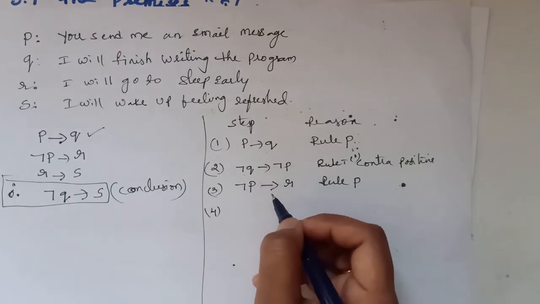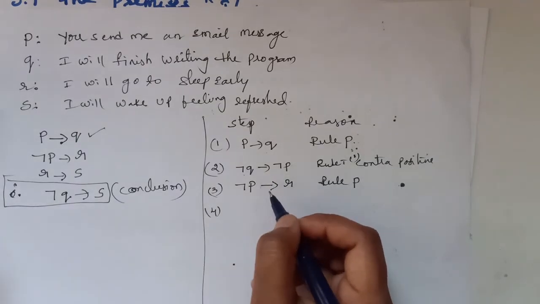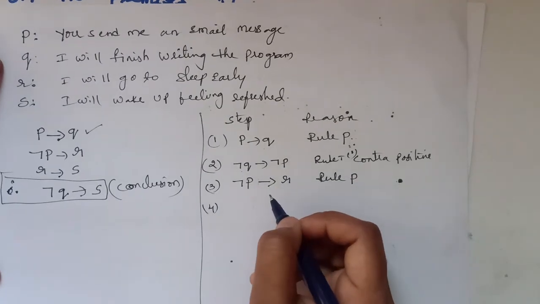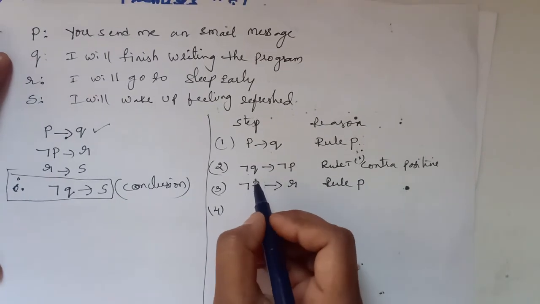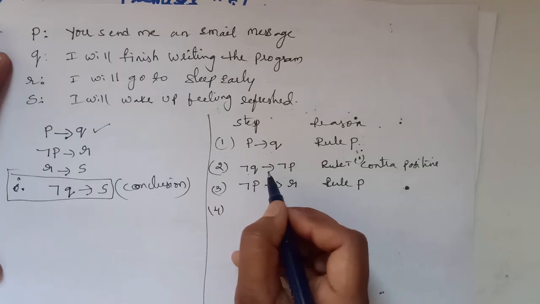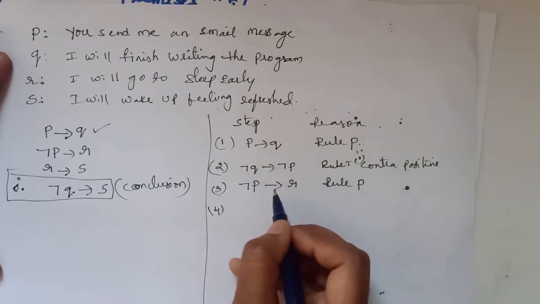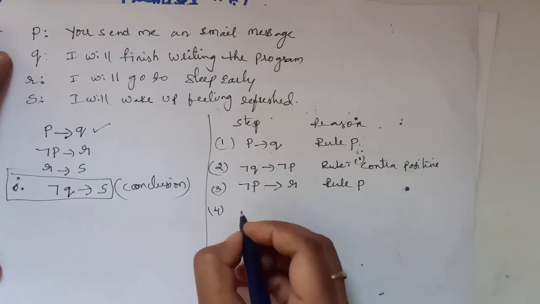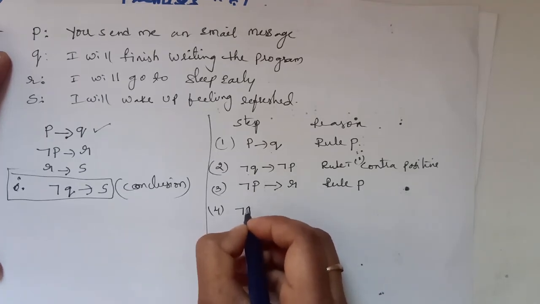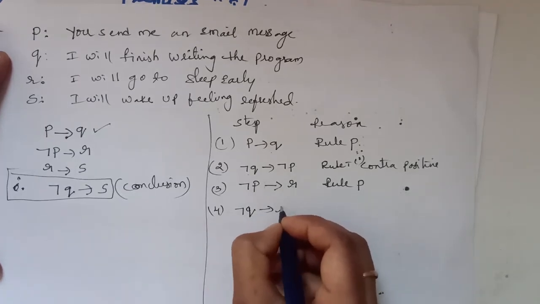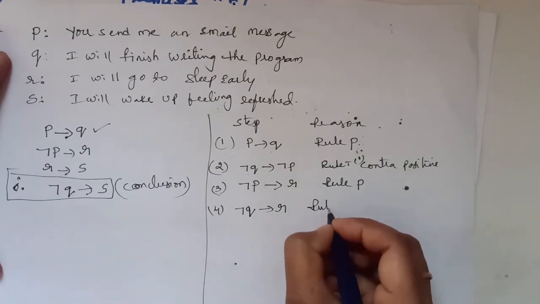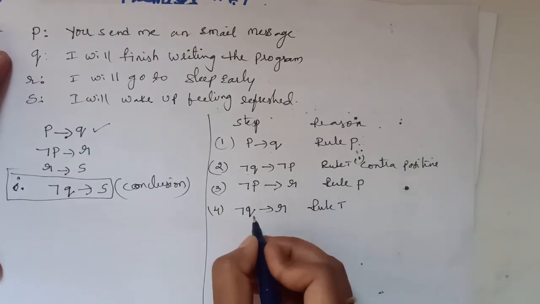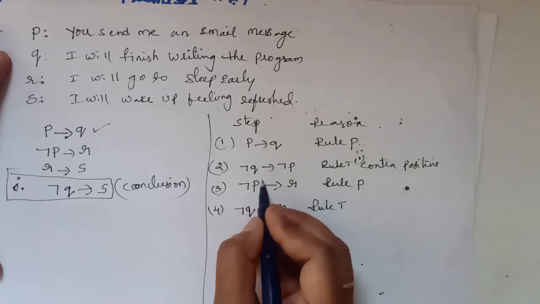From these two, can we derive any new premise? Yes, we can derive. It is in the form of P conditional Q, Q conditional R, then P conditional R. So this can be written as negation Q conditional R. This is rule T.